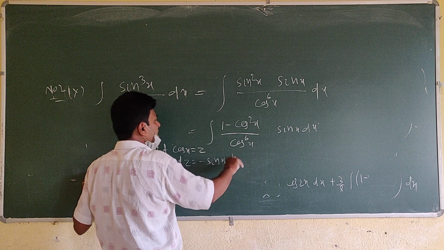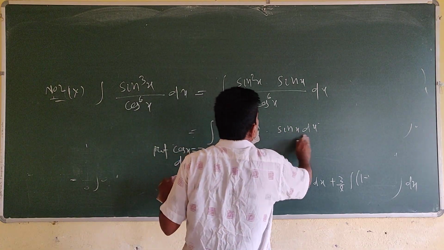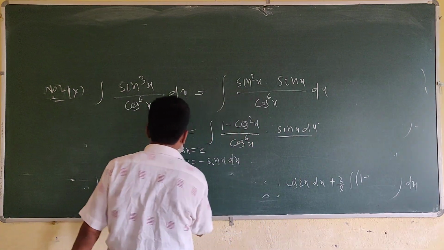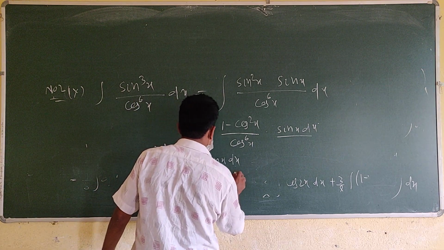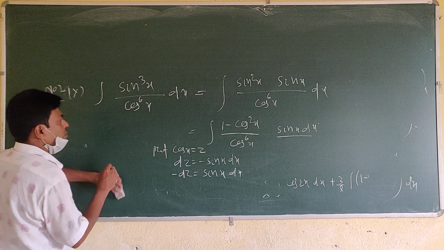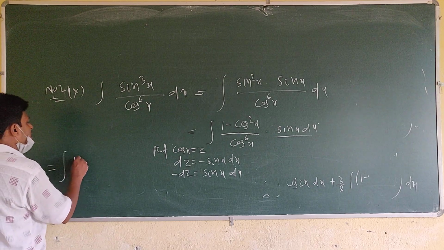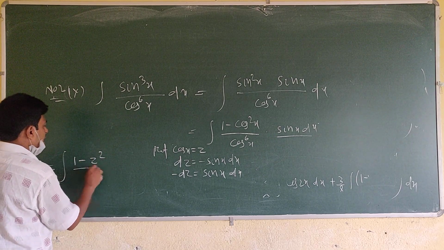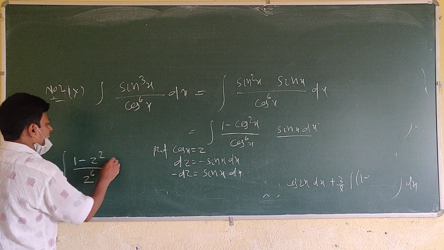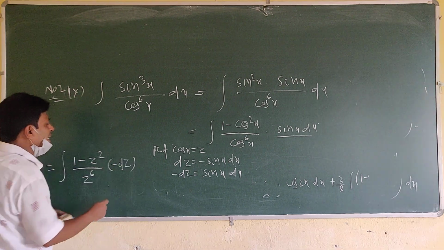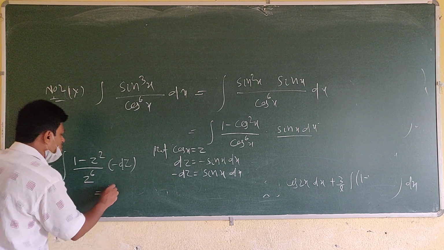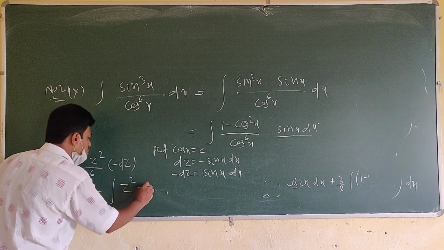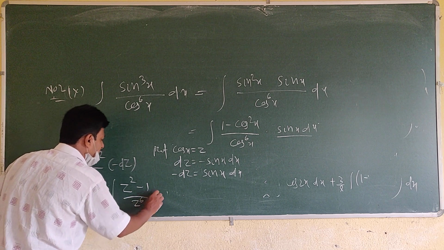We have in this example sin x dx, not minus, so minus dz is equal to sin x dx. Now we put the value: 1 minus z square by z6 into minus dz. When the minus is multiplied, z square is positive and 1 is negative. That equals z square minus 1 by z6 dz.